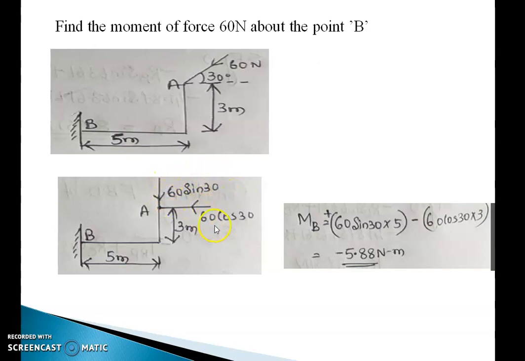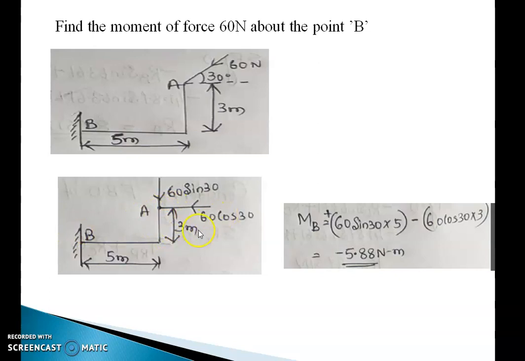Now just forget about 60 sin 30. I will go to the second force, 60 cos 30. 60 cos 30 is a 100% horizontal force. When force is horizontal, I need the perpendicular vertical difference between A and B, which is 5 meter.